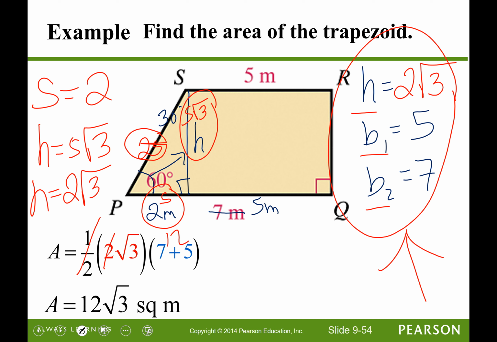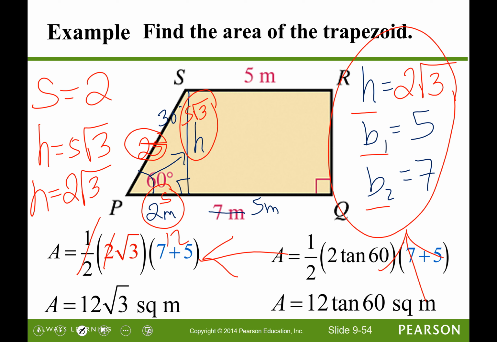Plug all those blanks into your formula, and then be careful with your arithmetic and your units. Take your time with these. It's easy to make small mistakes, but if you go slow and practice, you'll be fine.